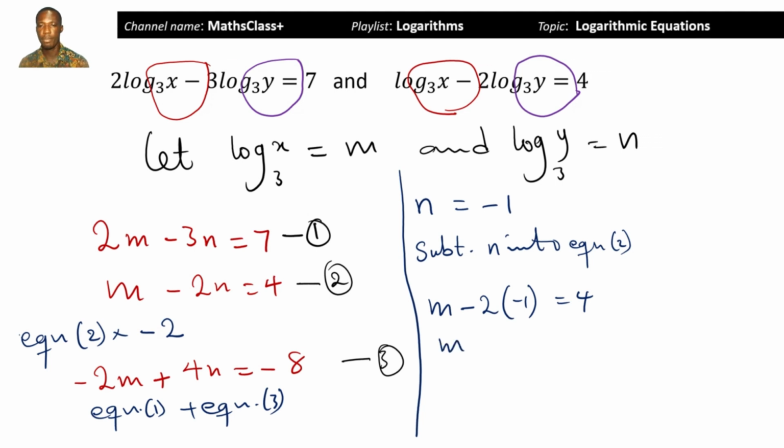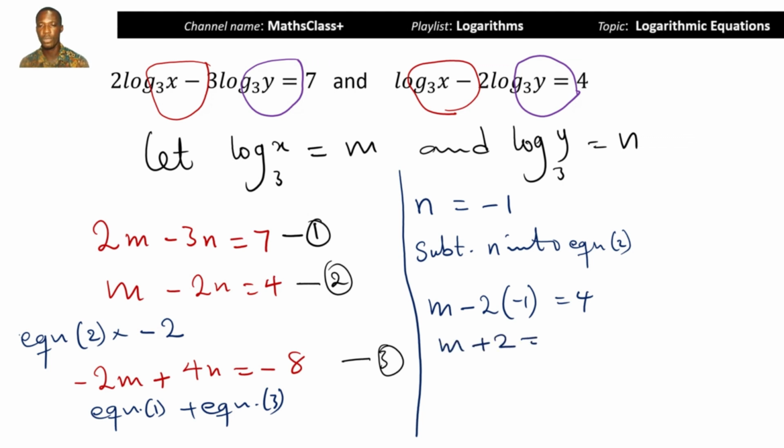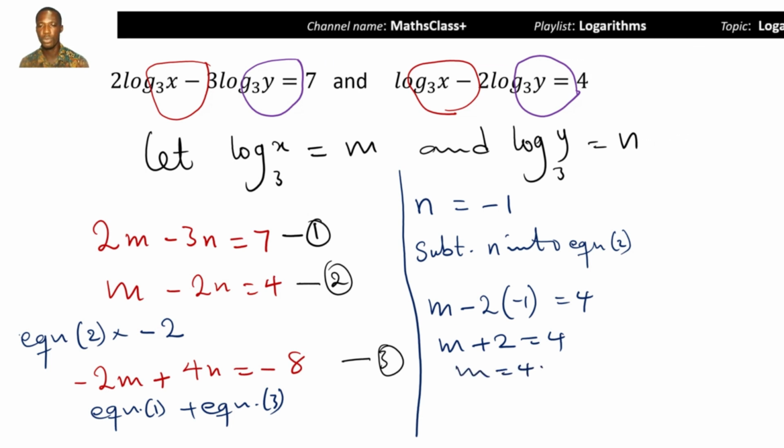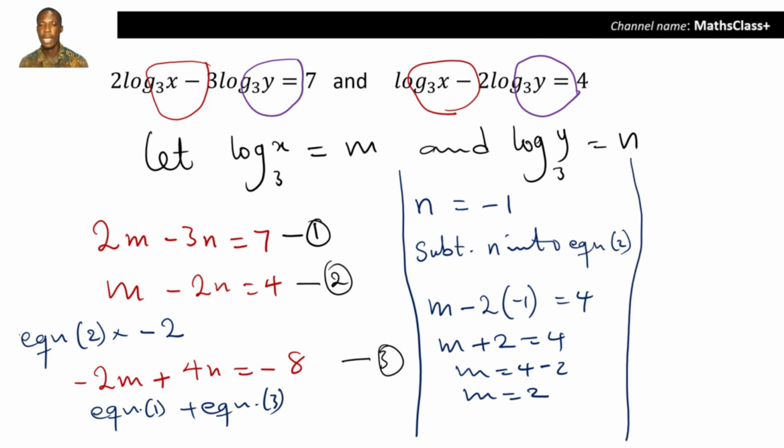So m plus 2 is equal to 4. m is equal to 4 minus 2. So m is equal to 2. So that is it. Now I have m and n.